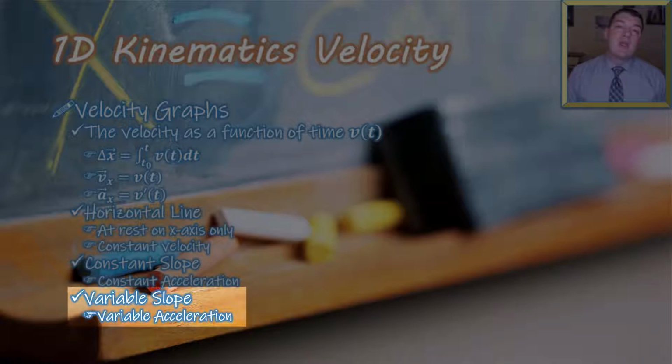When we have a curvy velocity graph, where it's not linear, not only does it have a changing velocity, it has a changing slope, which means it has a changing acceleration. So when we have a non-constant acceleration, the way we'll see that in a velocity-time graph is by seeing a curviness to that graph.